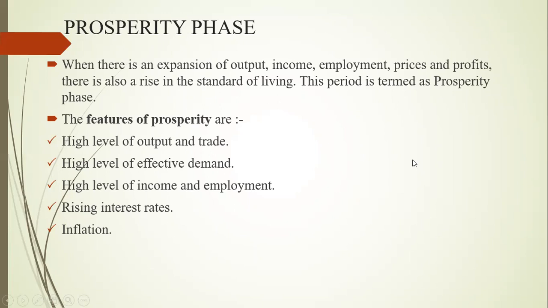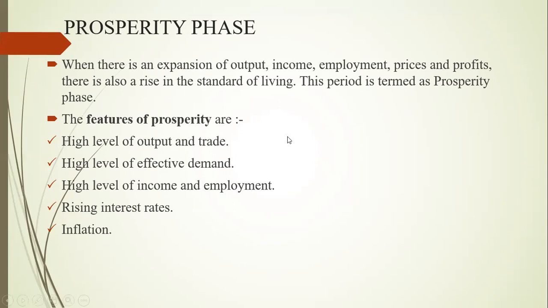So prices of goods will increase and profits will increase for the businesses. There is also a rise in the standard of living, obviously, because if you are consuming more and earning well, automatically the standard of living will increase. When all of this positive activity is happening, we say that is the prosperity phase.